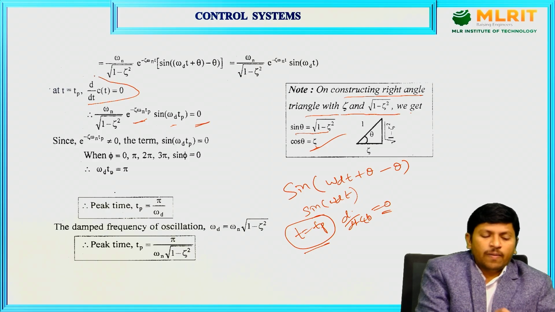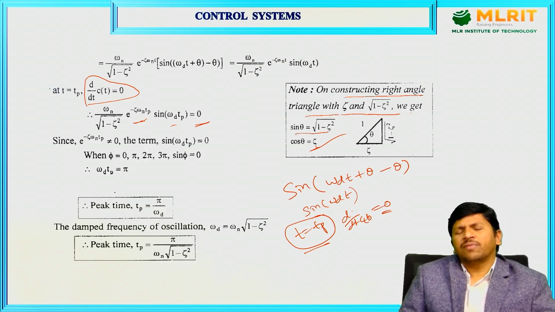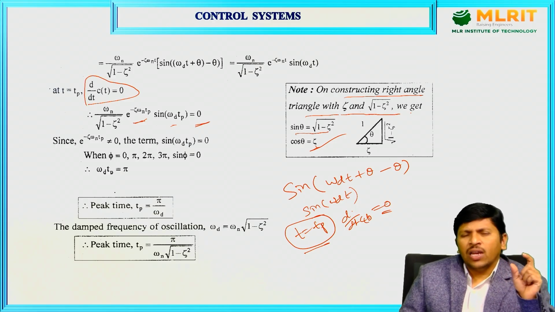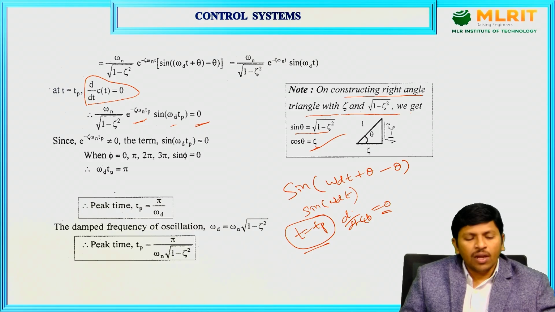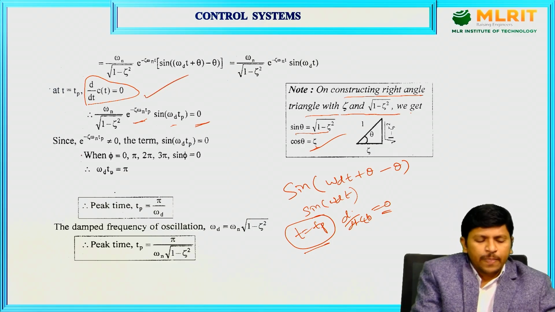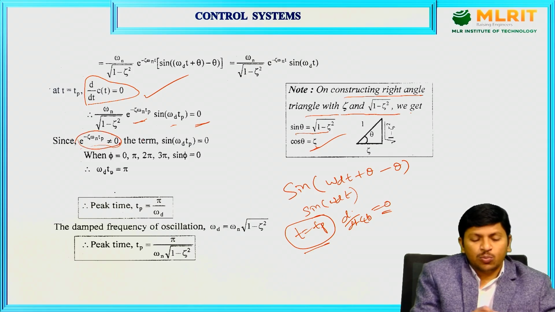Because for any signal, the peak or maximum value is calculated by differentiating the response of that signal, and we get the peak value of that response. So since e power of minus zeta omega n t p is an exponential term, it is not equal to 0, I am considering here.